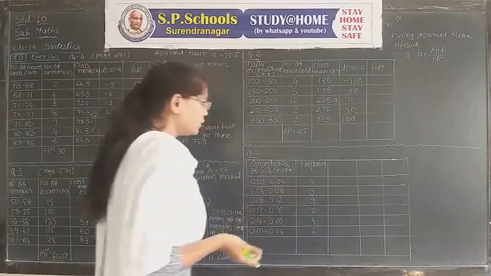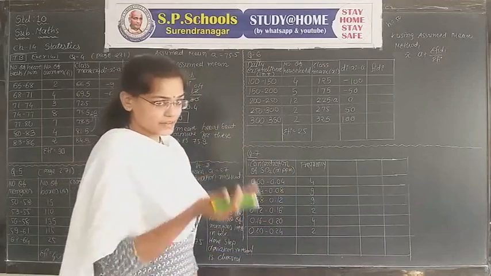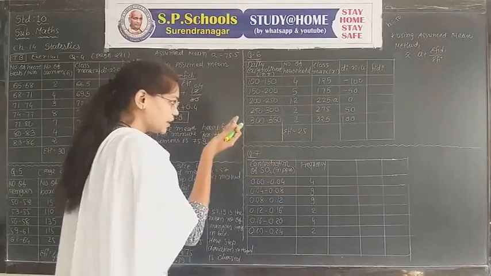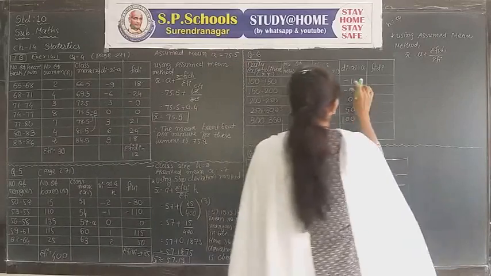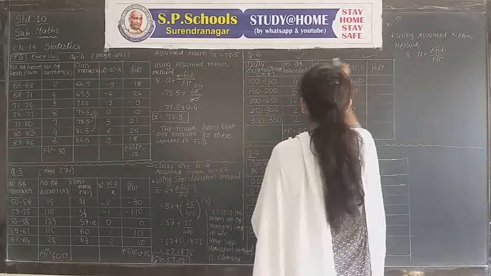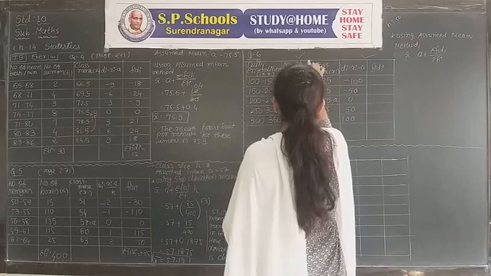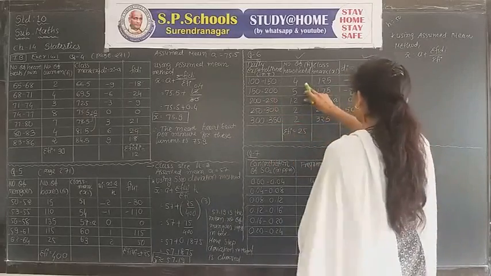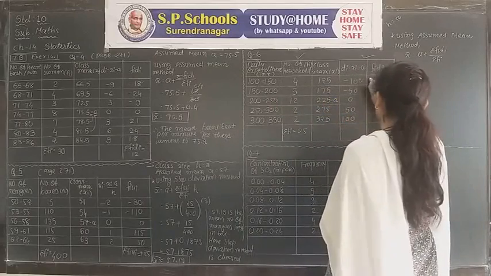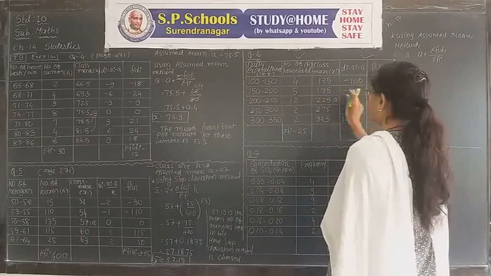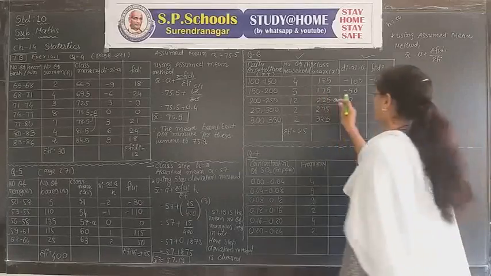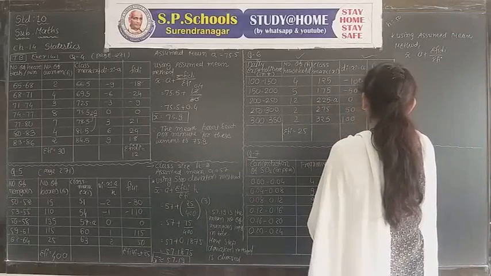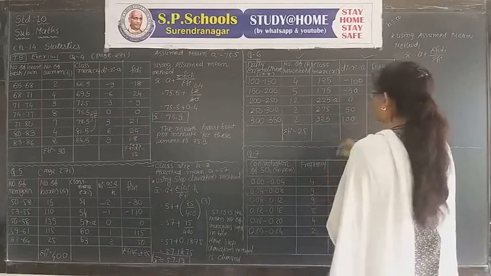Keep in mind, the below side of 0 is positive and the upside of 0 is negative. Multiply fi with di. Our second column is for fi, the households. 4 and minus 100 gives us minus 400. 50 multiplied with 5 gives minus 250. In front of 0 is 0.